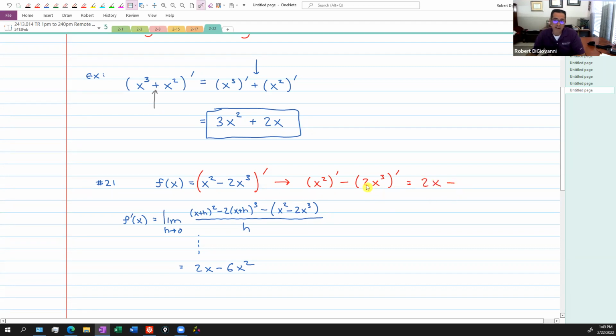Then I take the derivative of 2x cubed. That 2 comes along for the ride because it's attached to the x cubed, and the derivative of x cubed is 3x squared. If I multiply the 2 and the 3 together, I get 6. And that gives you this answer. Isn't this better?